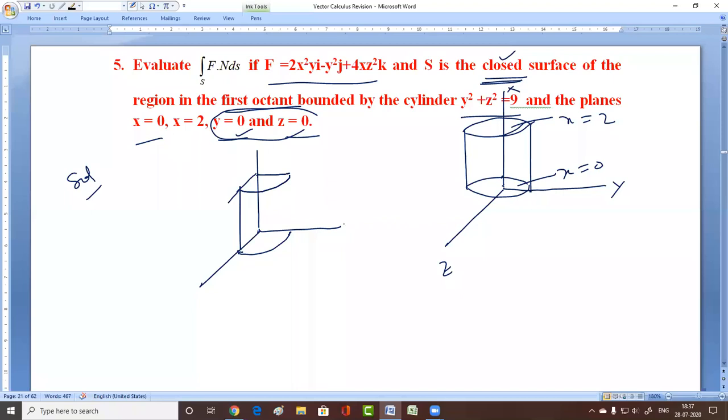Now this is the y-axis, this is the z-axis, this is the x-axis. Now this plane is x equals 2, this plane is x equals 0. Now the curved surface. But this surface is closed.